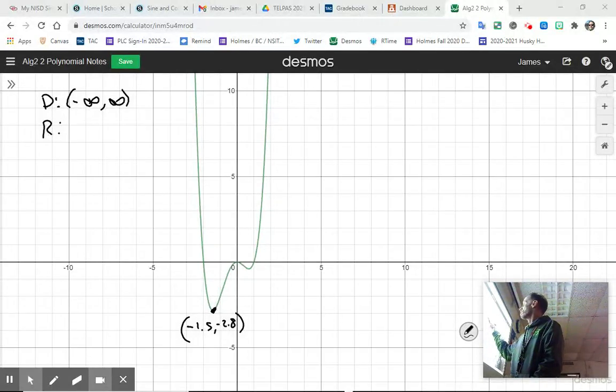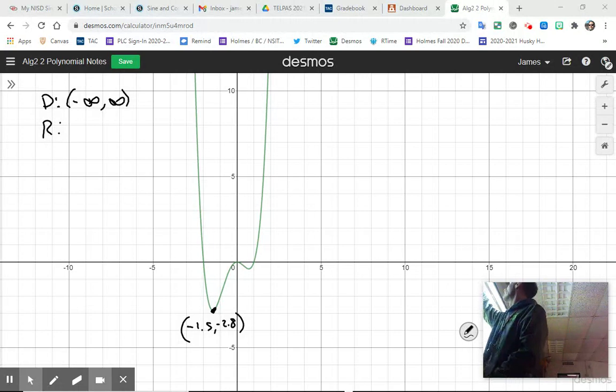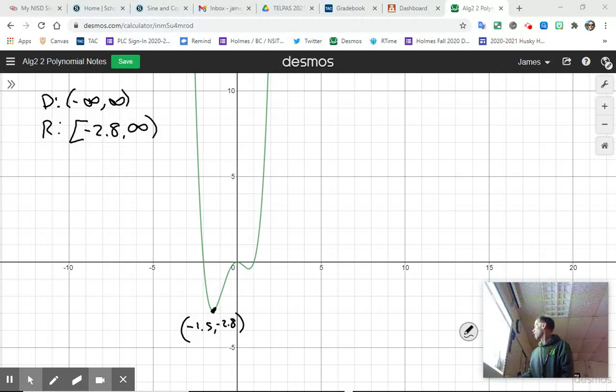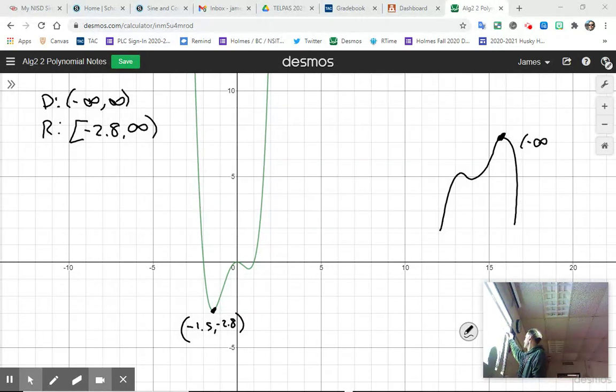Well, now my range never gets below that point. So that means my range is from negative 2.8, remember y values, negative 2.8 all the way to infinity. If it had been upside down, then it would have been from negative infinity to whatever. Okay?